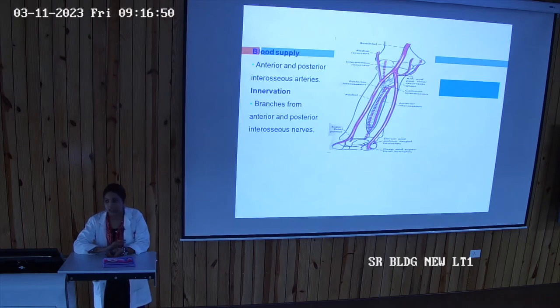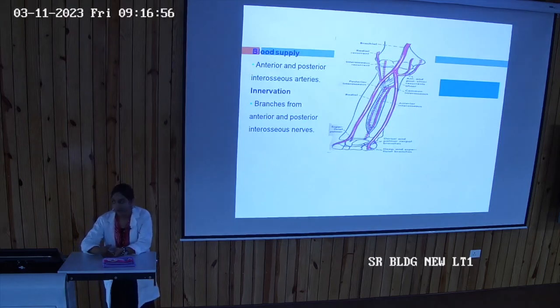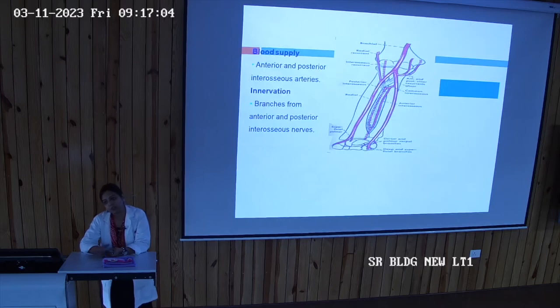Now the second question: the anterior interosseous and posterior interosseous nerves are branches of what? The anterior interosseous is a deep branch of the median nerve and the posterior interosseous is a deep branch of the radial nerve.